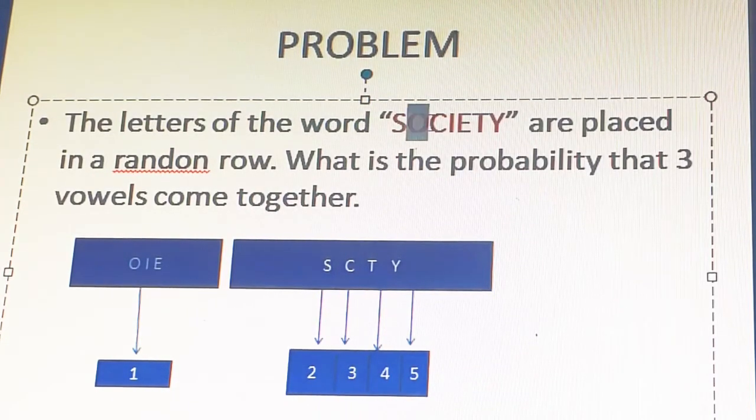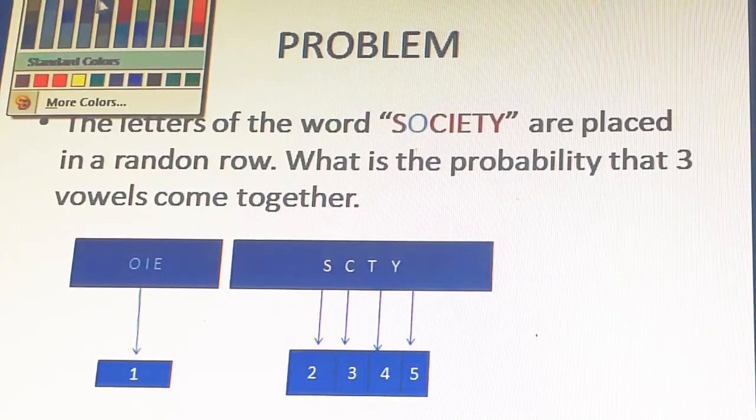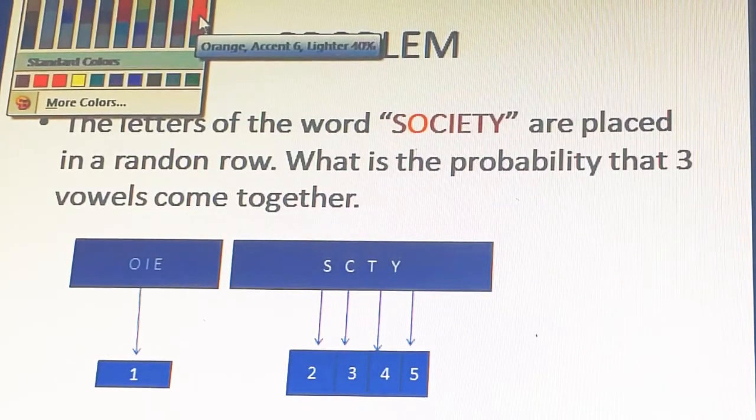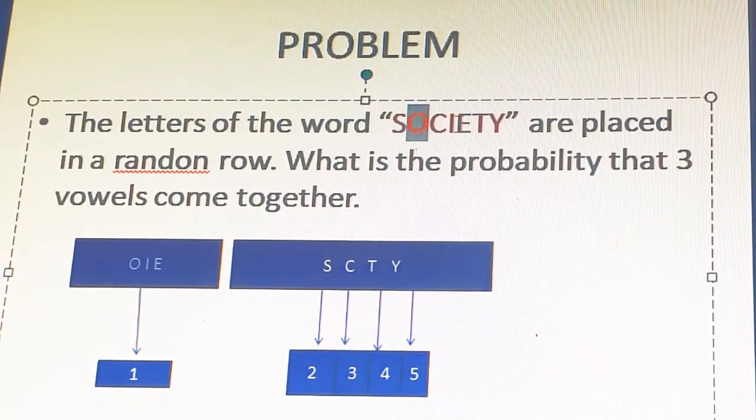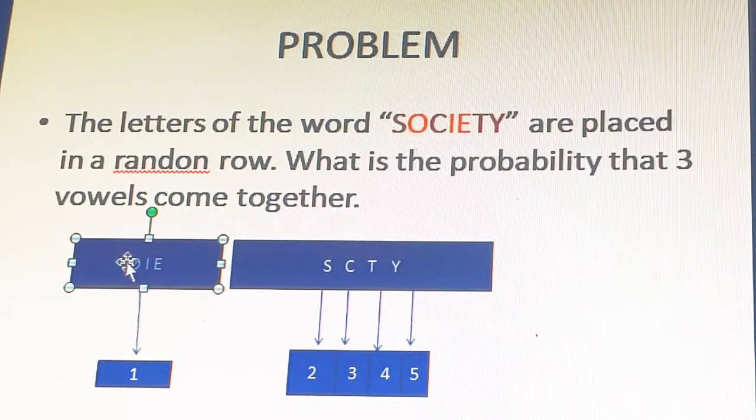There are five vowels in English, right? The vowels here are O, I and E. So there are three vowels here, O, I and E. We'll take the three vowels as one letter.